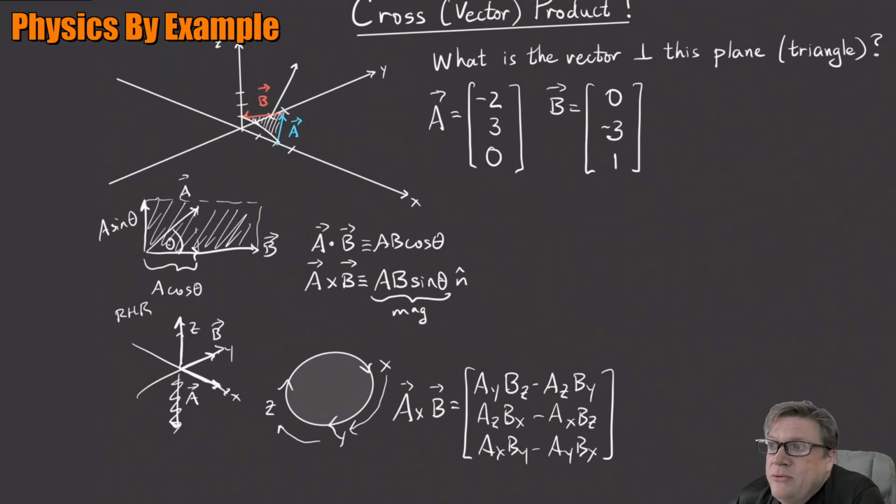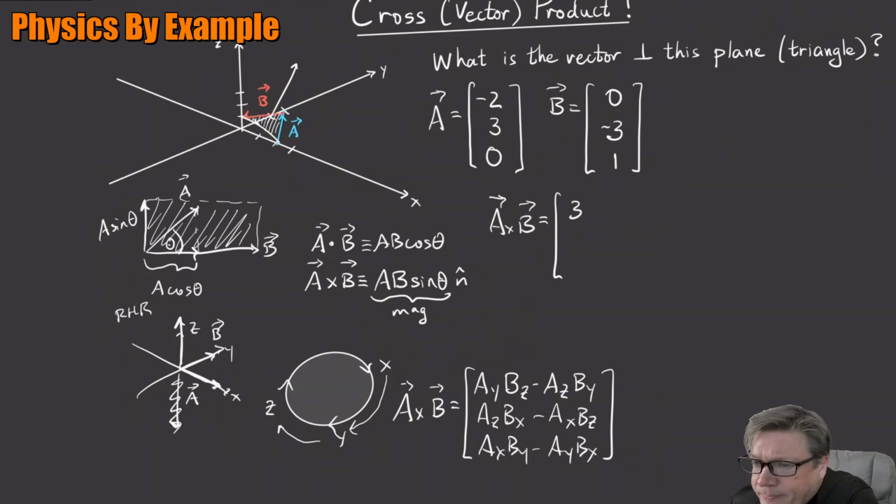Let's do the cross product. And I'm just going to do exactly what it tells me. A cross B is equal to, all right, a_y, b_z, that looks like 3, minus a_z, b_y.